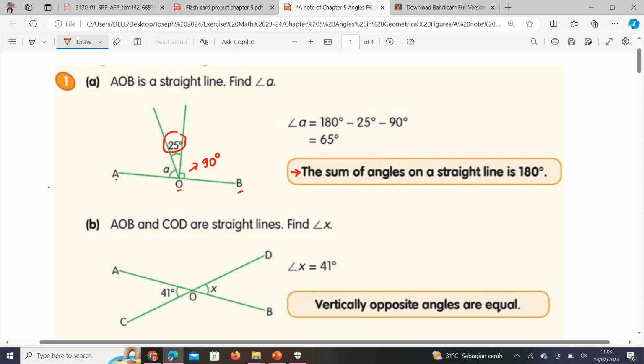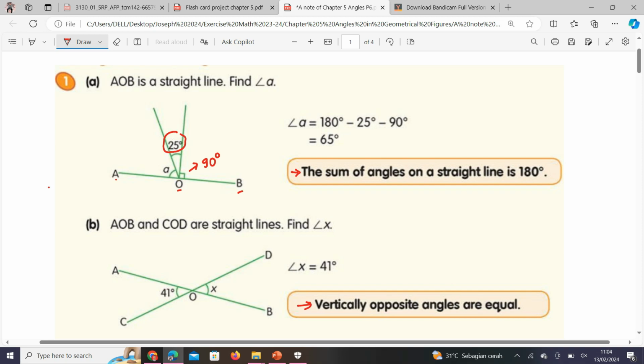We go to the next point, 1B. AOB and COD are straight lines. Find the angle of X. You need to memorize this law or statement. Vertically opposite angles are equal.